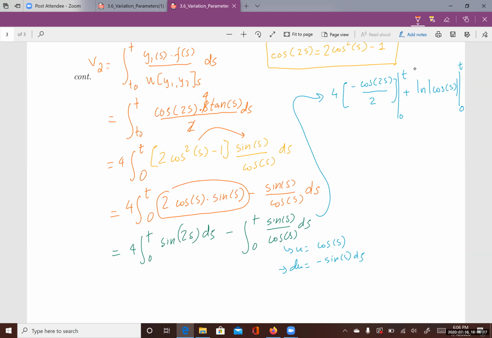Again, we are finding v2. I simplify this first, so it's just 2 times negative cosine of 2t, minus, putting 0 in here, it's just negative 1.